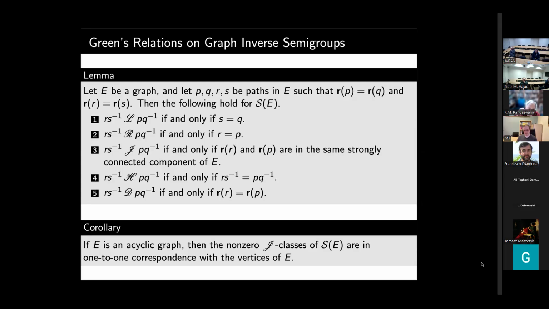Connected just means that there is an unordered path between the two vertices. If you're in an undirected graph, then connected just means there is a path, right? And strongly connected is a version of that for directed graphs, and there you require this. Weakly connected would be that there's a path in some direction.